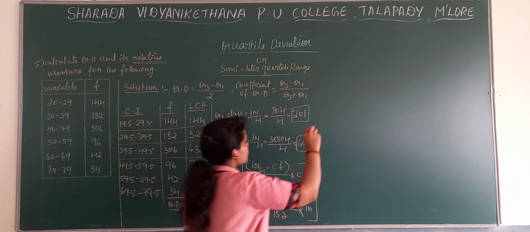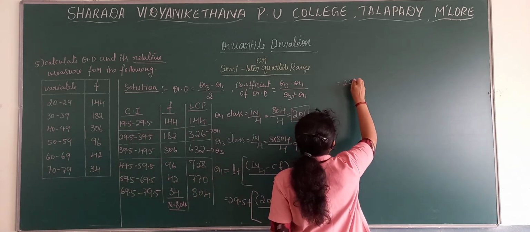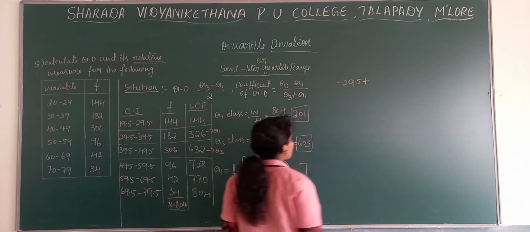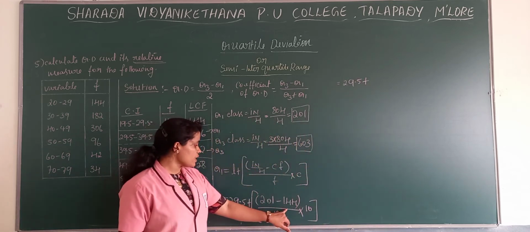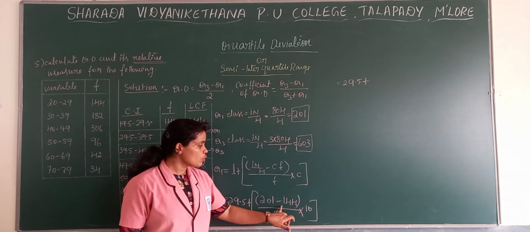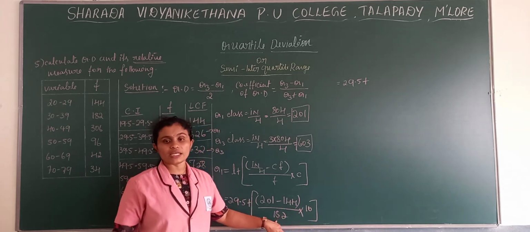Now 29.5 plus 201 minus 144 into 10 divided by 182.